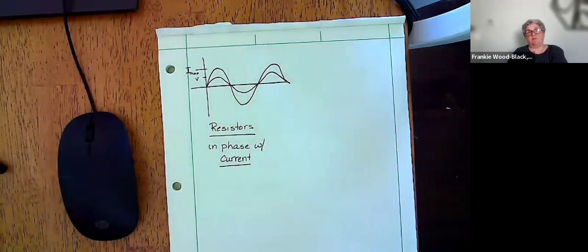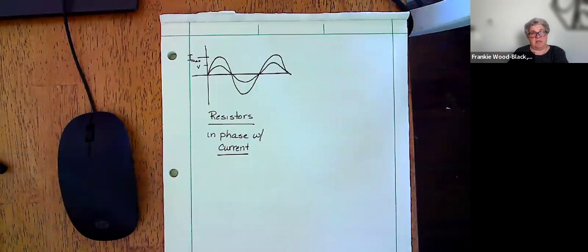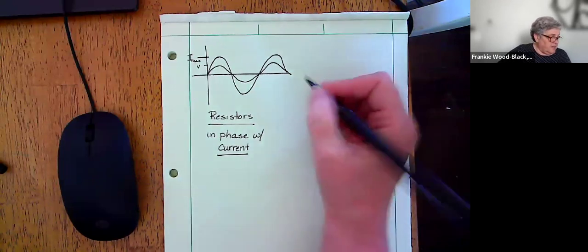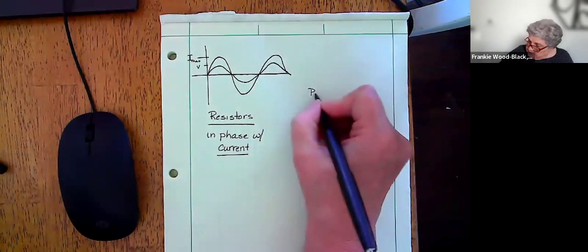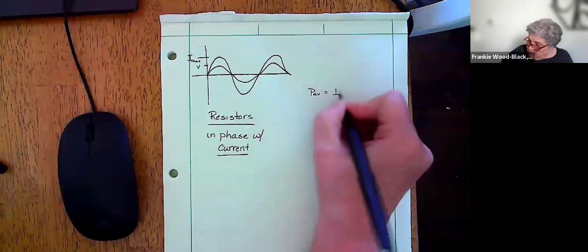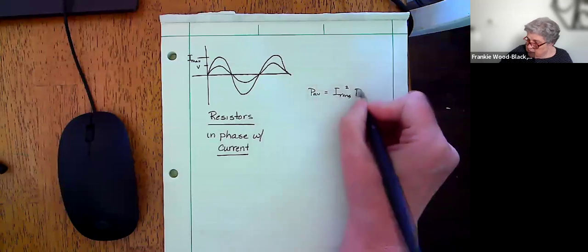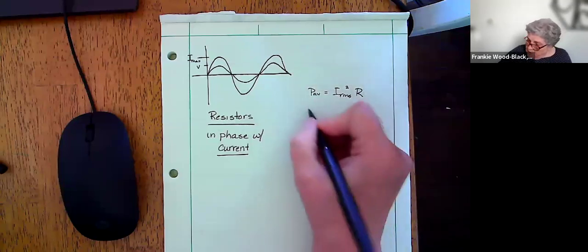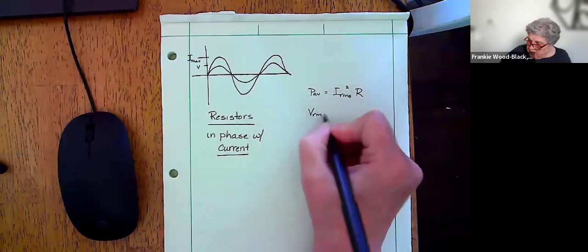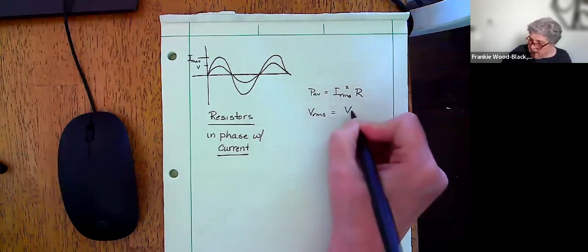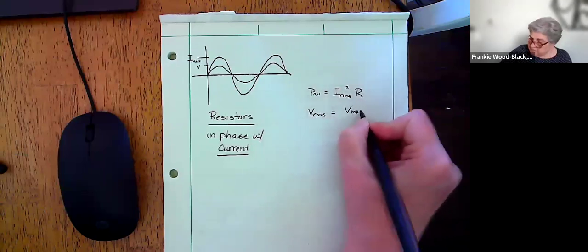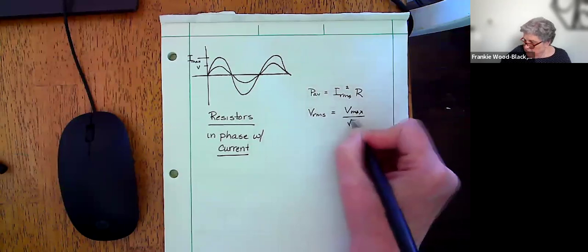Okay? Because my resistors are going to react immediately with whatever's happening in my system. So what we have there is my average power is going to equal my root mean square current squared times resistance. My root mean square voltage is going to equal my max voltage divided by the square root of 2.